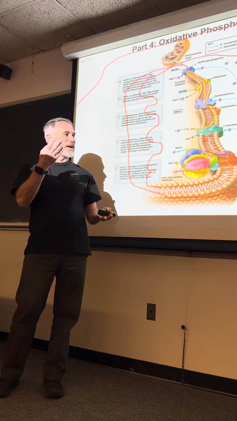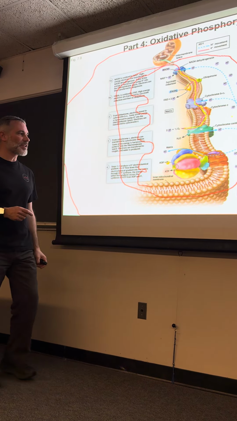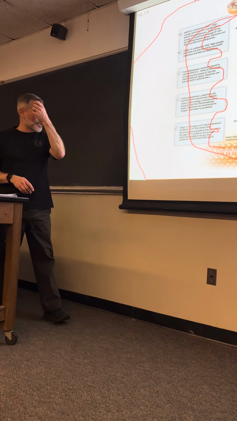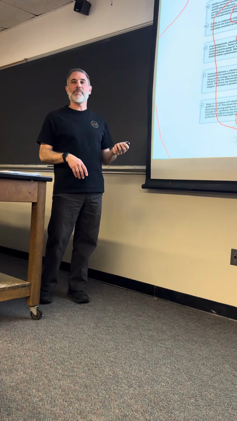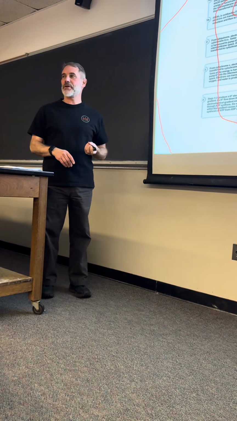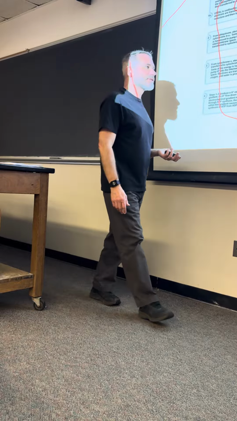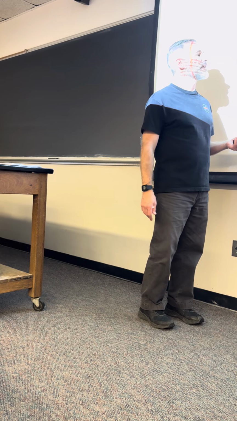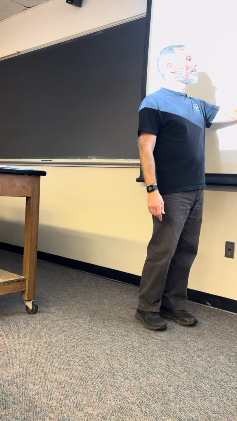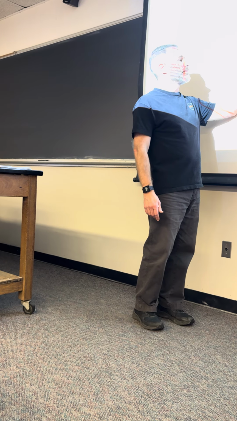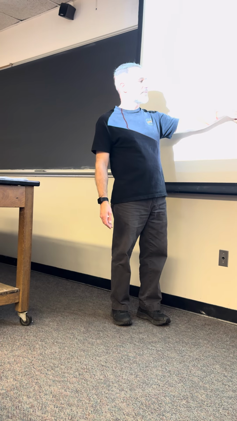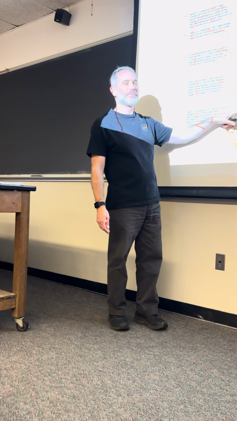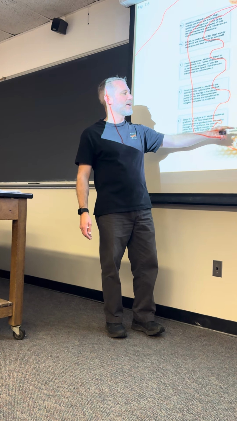And so we create an uneven gradient of both molecules and charges. So similar concept, but here we have multiple pumps pumping hydrogens out using the electron energy. Now, the reason this is called oxidative phosphorylation is that at the end of it all, we have oxygen and we have phosphorylation. The phosphorylation is going to be adding a phosphate to ADP. So that's the whole point, to get that ATP.